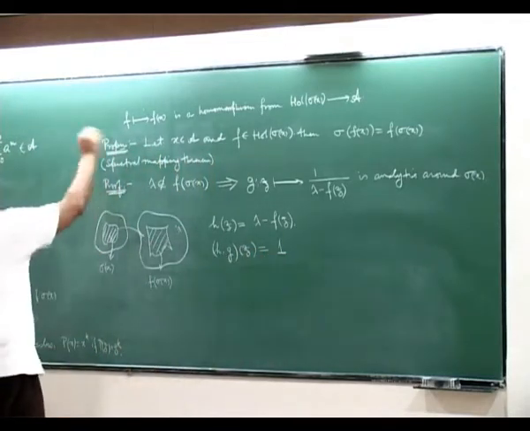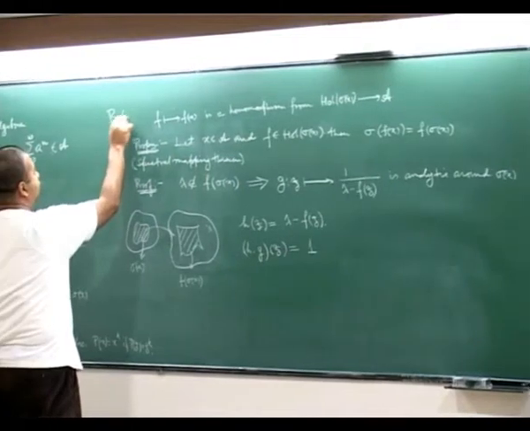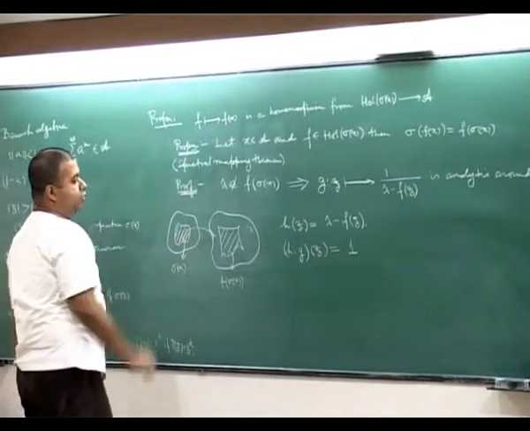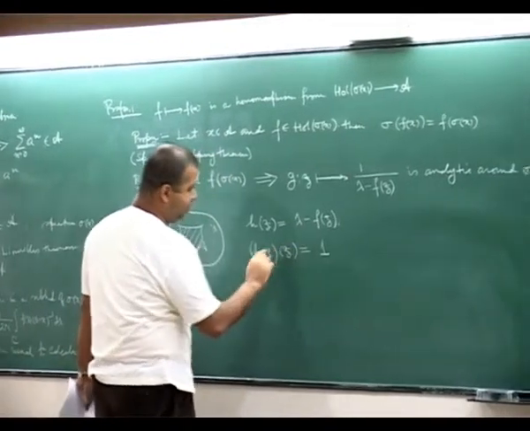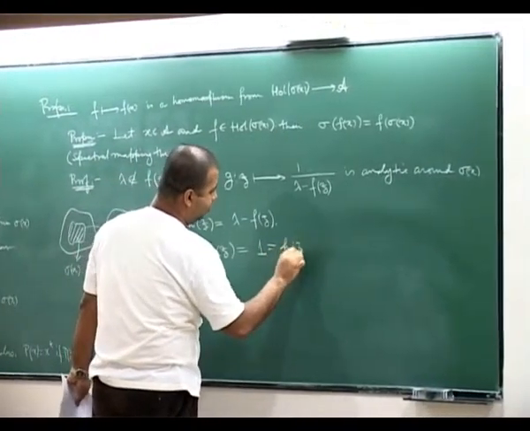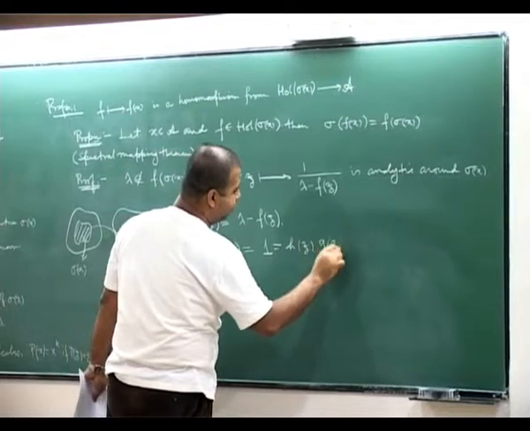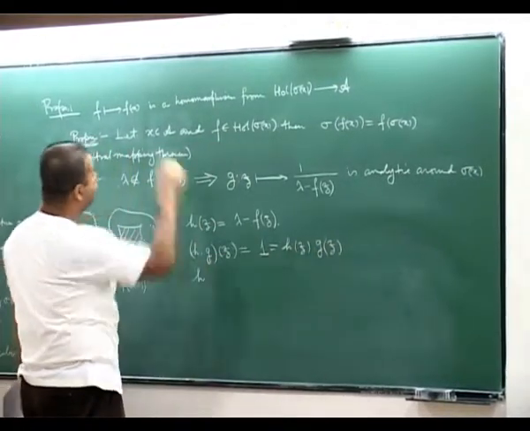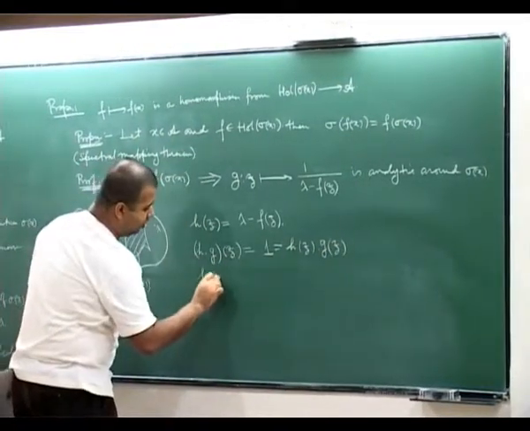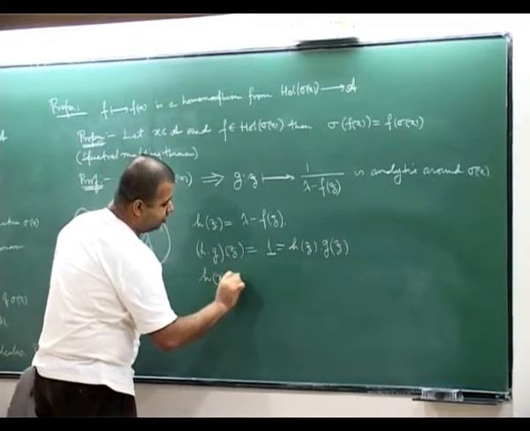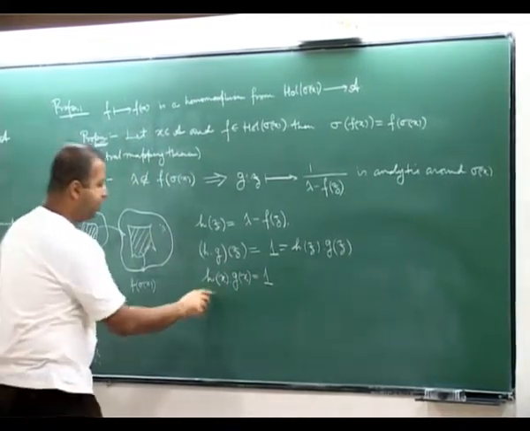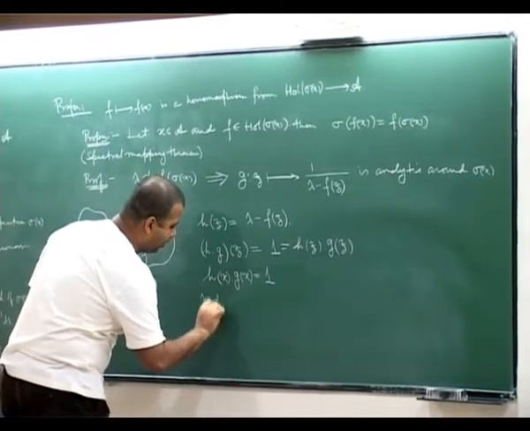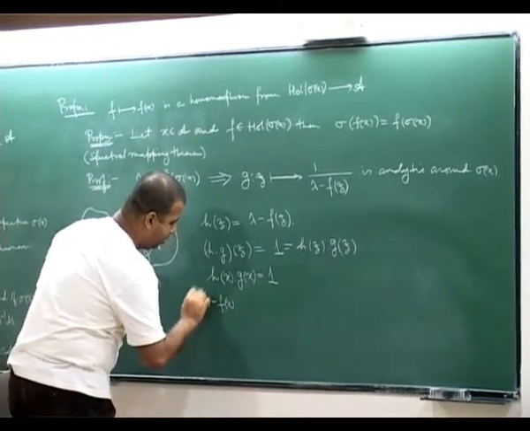Now of course we know that this is a homomorphism, and this is nothing but h(z) times g(z). So that property says that h(x) times g(x) equal to 1. What is h(x)? h(x) is lambda minus f(x).